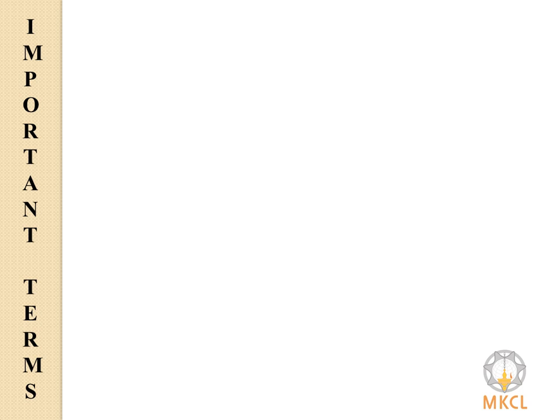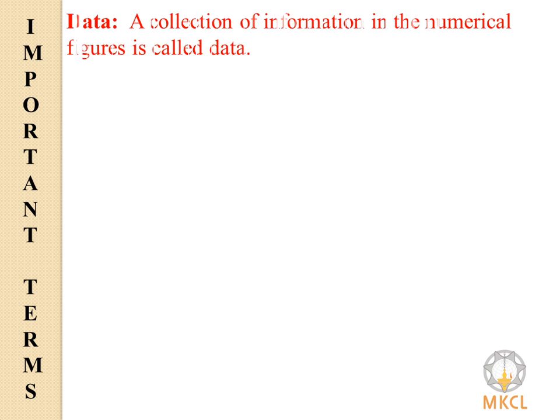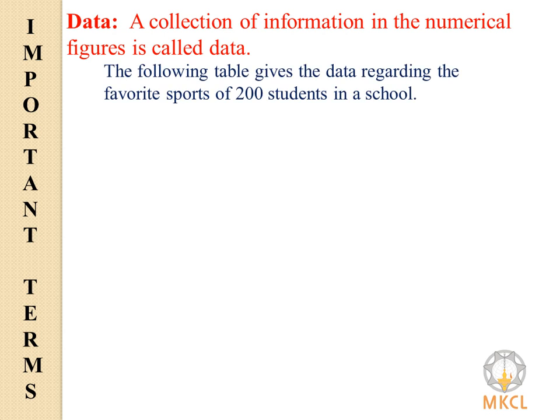These are some basic but important terms. Data: a collection of information in numerical figures is called data. For example, the following table gives the data regarding the favorite sports of 200 students in a school.